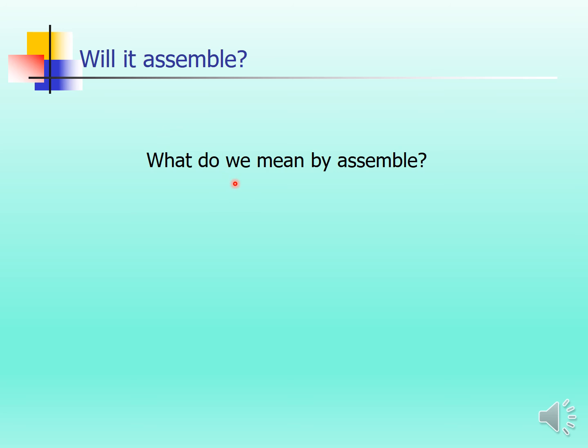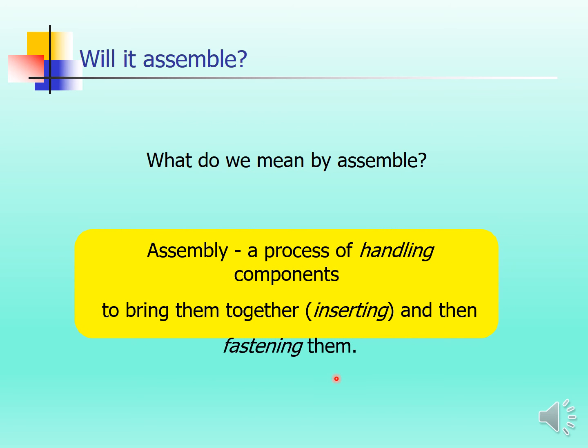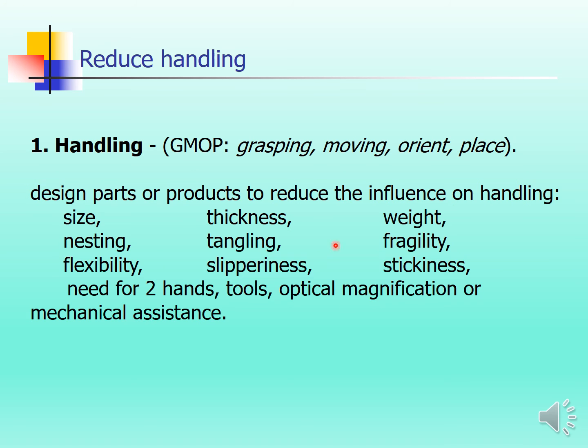Will it assemble? What do we mean by assemble? Assembly is a process of handling components, or we can bring them together, inserting or fastening them. This is about handling. Handling means grabbing, moving, orienting, and pressing.